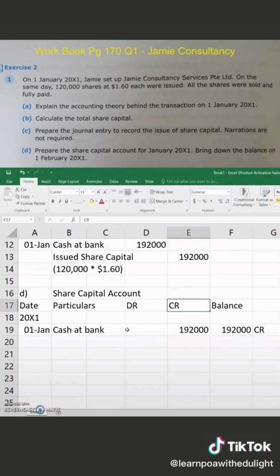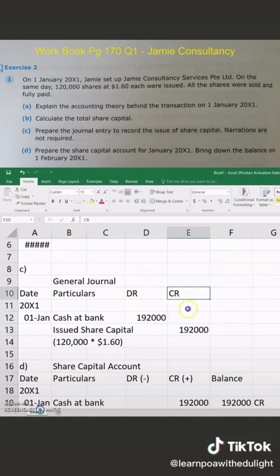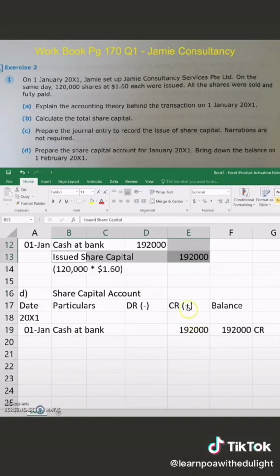Some of you guys must be asking. Because share capital credit is plus, it is an equity account. DR is minus. And moreover, you can see from my journal entry here, I've credited issue share cap, so I have to credit the issue share cap accordingly.